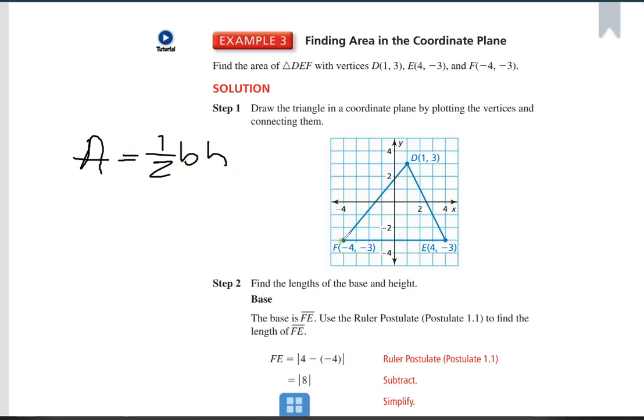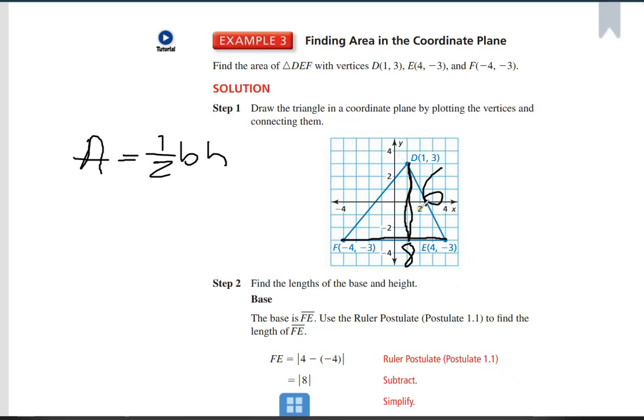Well, this length is really easy to find, right? Because we don't have to worry about squaring and square rooting and all that. It's just that we're going from -4 to +4. This distance is 8. So it makes sense to use this as our base, and then our height is this right here, this length, which I can see by looking is 6.